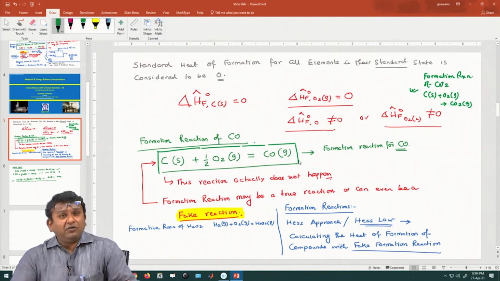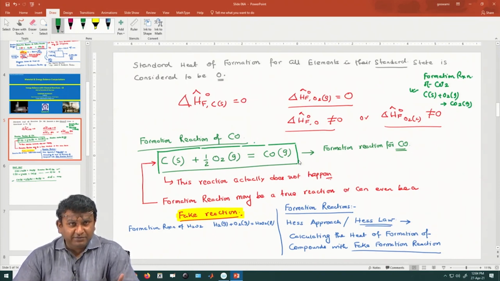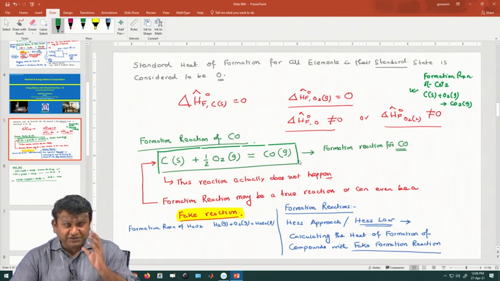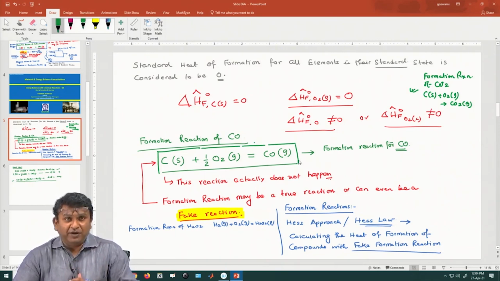But then how do you calculate the heat of formation of something like carbon monoxide, or any product? The question that emerges is how do you calculate the heat of formation of all compounds which have a fake formation reaction.